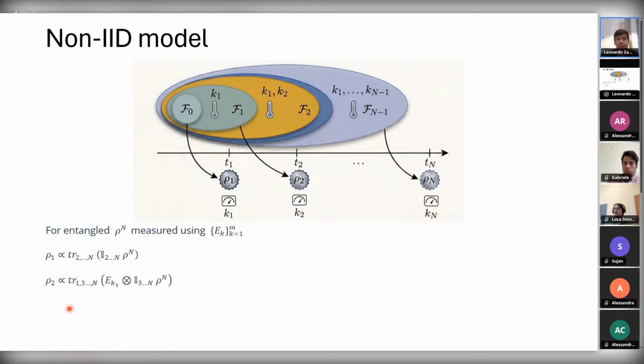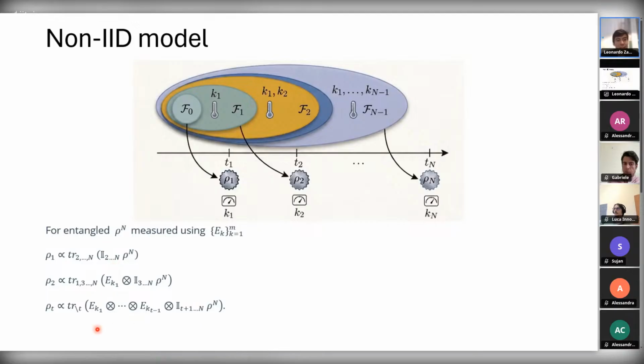Then after the first measurement, the states get updated, right? So depending on the outcome k of the first measurement, the second state will be a different state. This is a state conditional on the outcome of the first measurement. So for sure, these two states are not independent.